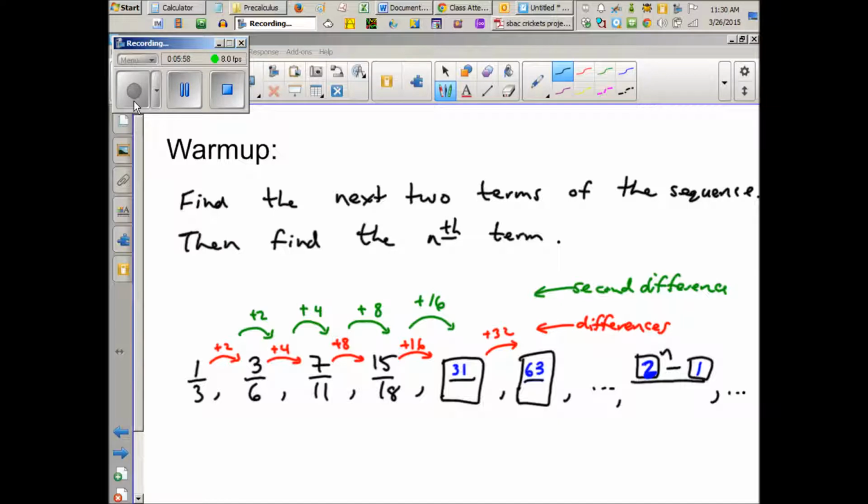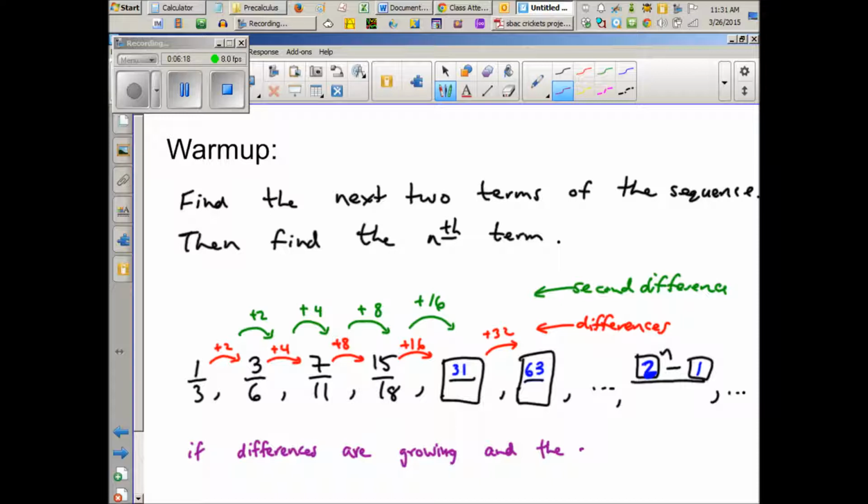Okay, so our first takeaway here is that if the differences are growing and the differences of the differences are the same, we call these the second differences.